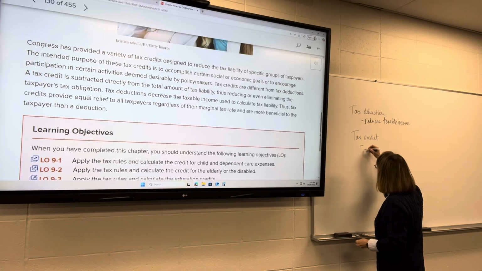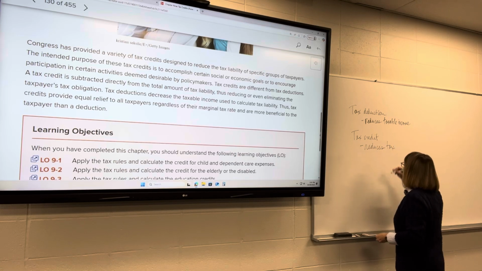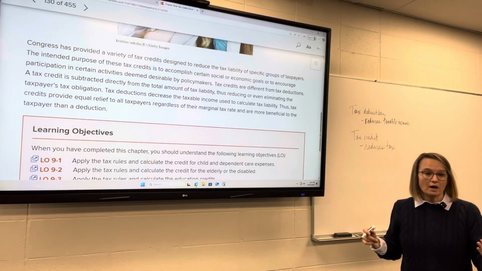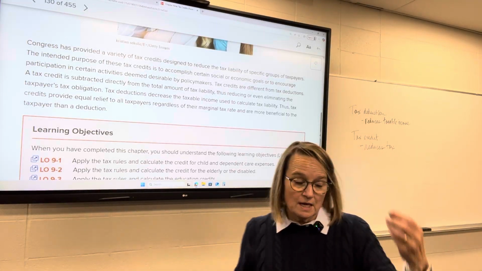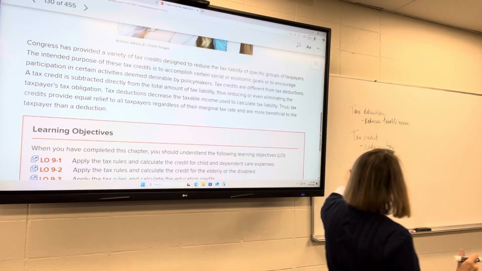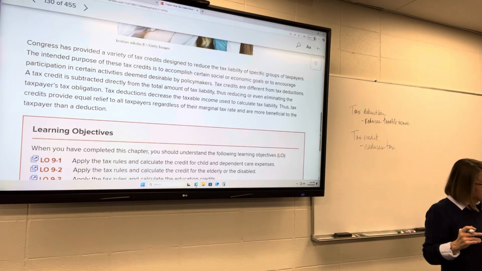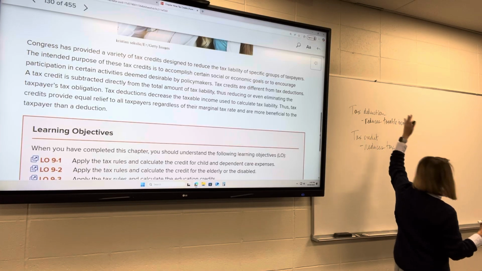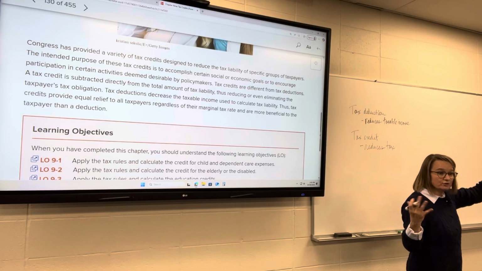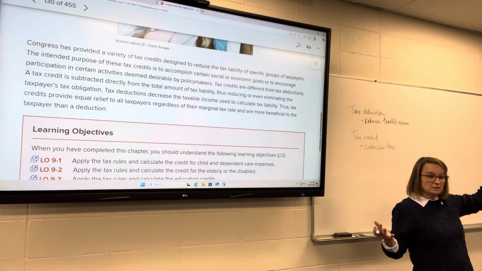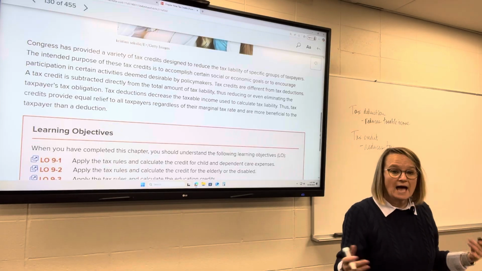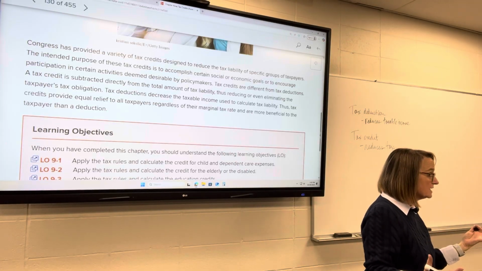So a tax credit reduces our tax liability directly. It reduces our tax. So the tax credits show up on the second page of the 1040. Now, a tax credit could be a dollar for dollar reduction in tax, meaning you've figured out your taxable income, taken all your deductions, calculated your tax liability, and you're entitled to a tax credit as well.